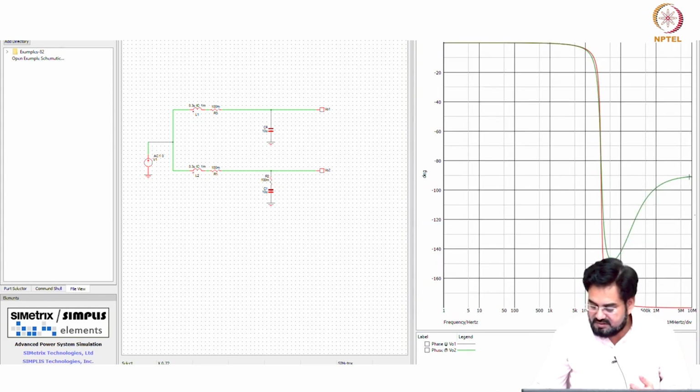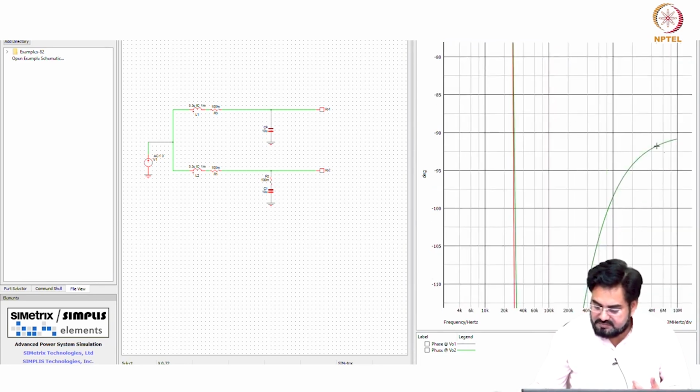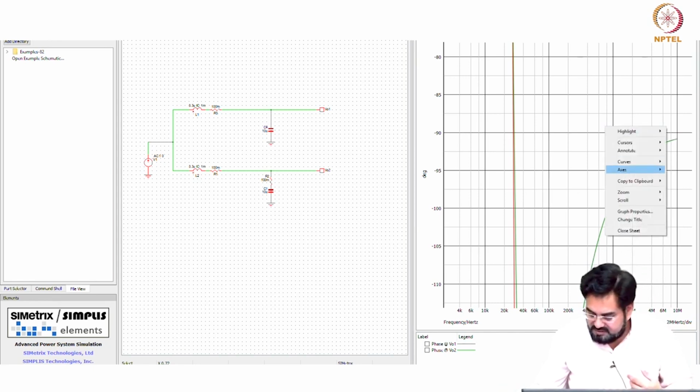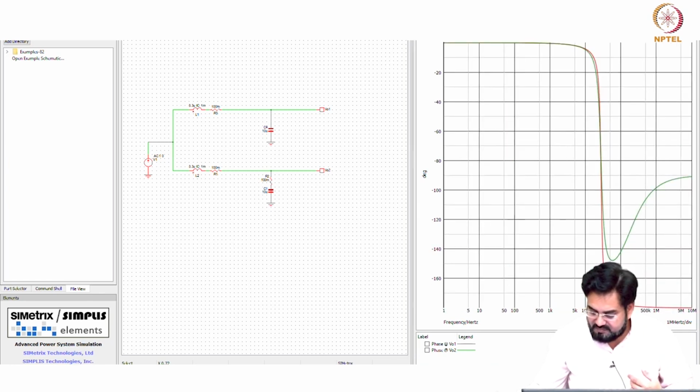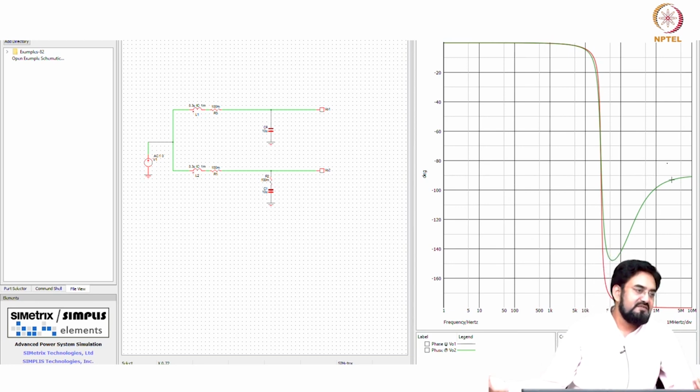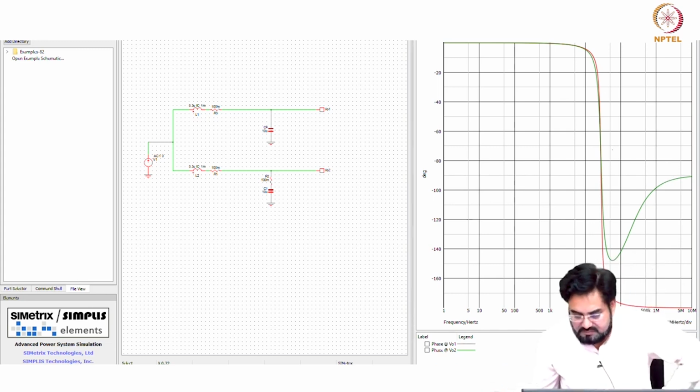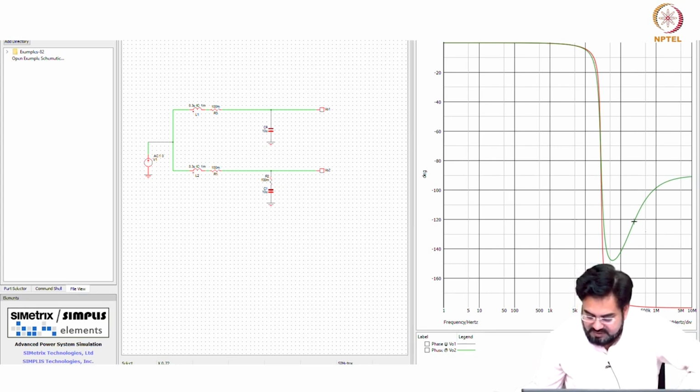I am plotting only 10 megahertz, but eventually at higher frequency it will go very close to minus 90, here 90.9, so only 1 degree away. Because a 90 degree phase shift you get from the 0 at infinite frequency theoretically, and that is why it is not showing 90, but very close to 90. Okay, so that is the advantage now.